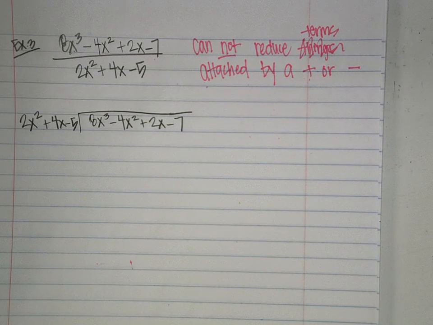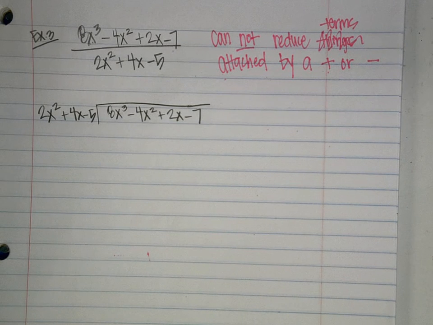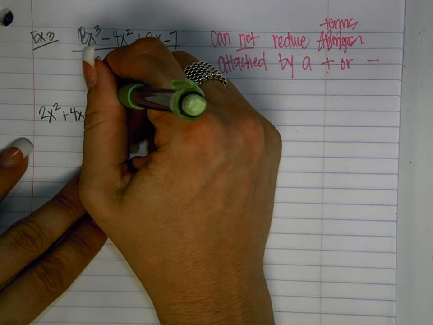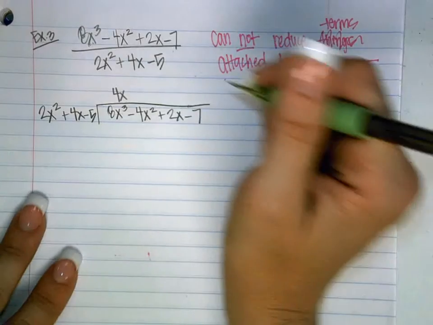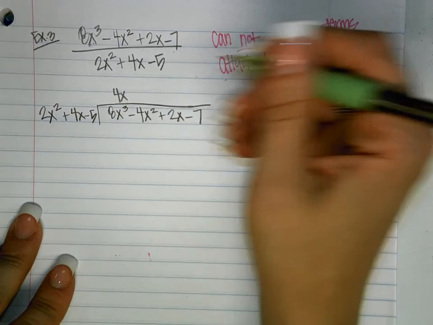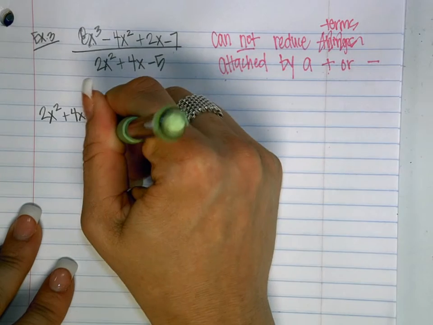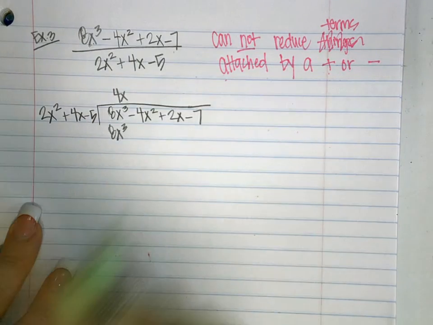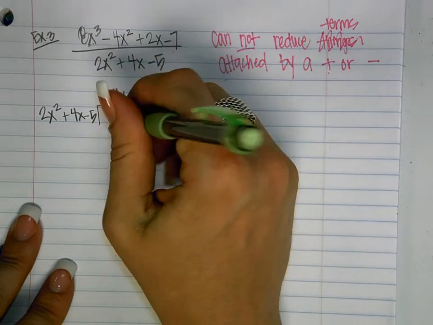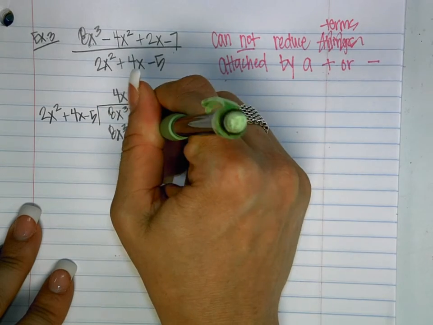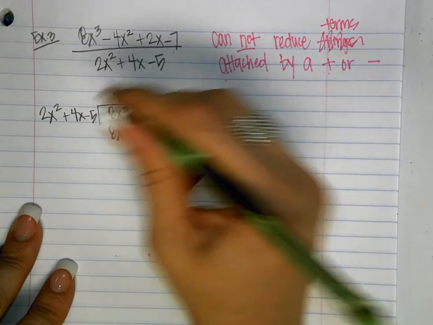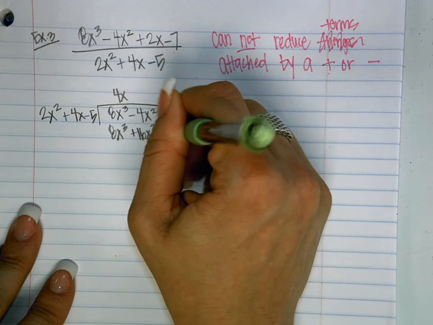Now, what would you have to multiply by to get from 2x squared to 8x cubed? 4x, right. So 4x, then actually multiply. So 4x times 2x squared gives you 8x cubed. 4x times 4x gives you plus 16x squared. 4x times negative 5 is negative 20x.